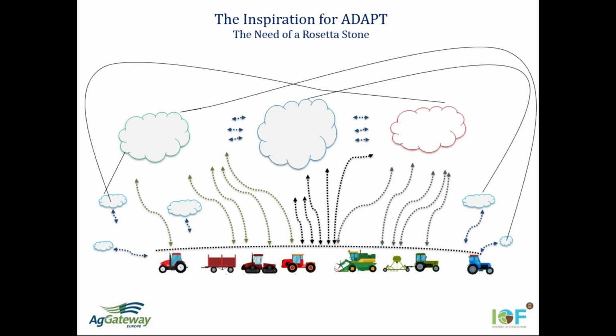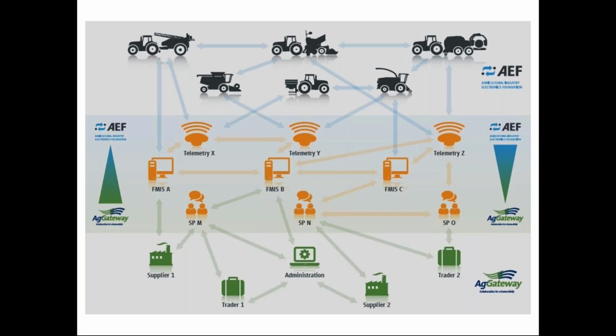And so several years ago, AgGateway came together to try to solve this issue, and what they came up with was ADAPT. And before I get into more of the details, I wanted to make sure that I showed this slide to show that there is a need for both the solution of AEF, which is the ISOBUS or ISOXML formats, as well as AgGateway solutions like ADAPT.